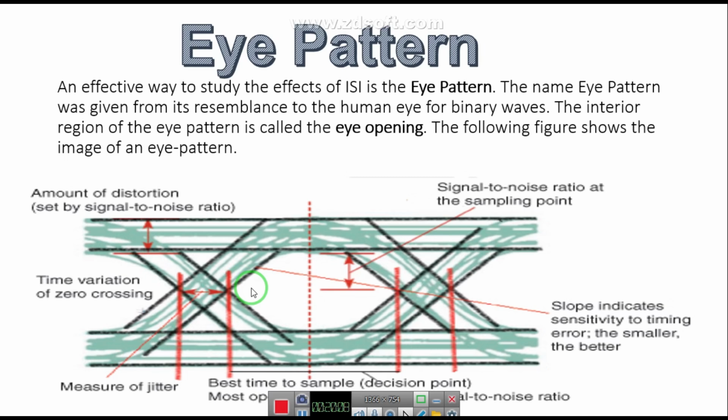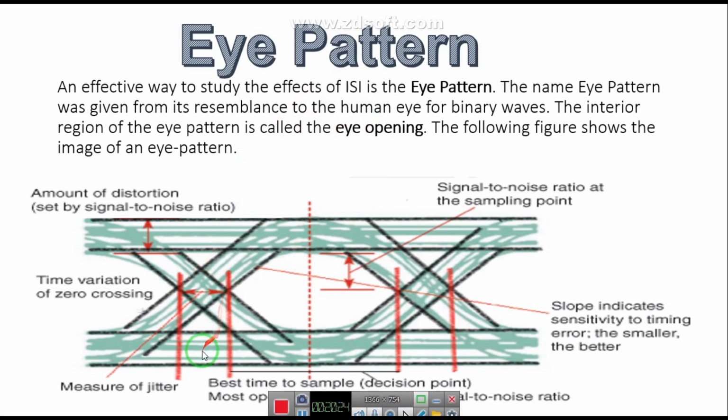Now the interior region of this eye pattern is called what? Eye opening. And this eye pattern provides great information about the performance of the system.